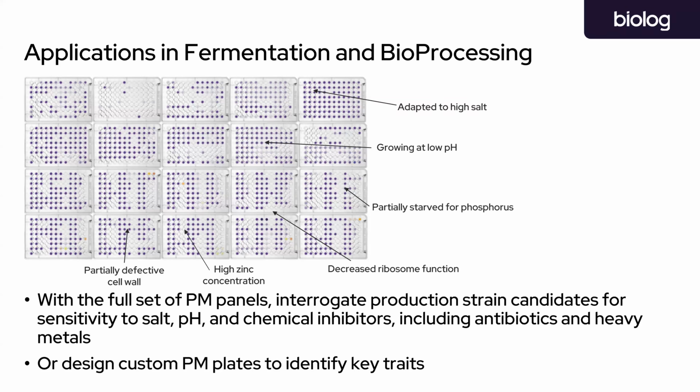And then this can help you make a call about how fit or robust a strain is under a given set of conditions. I should also mention that this set of plates is one of our standard sets, but we can also work with you to customize plates if you have your own particular conditions or applications that you want to look at.